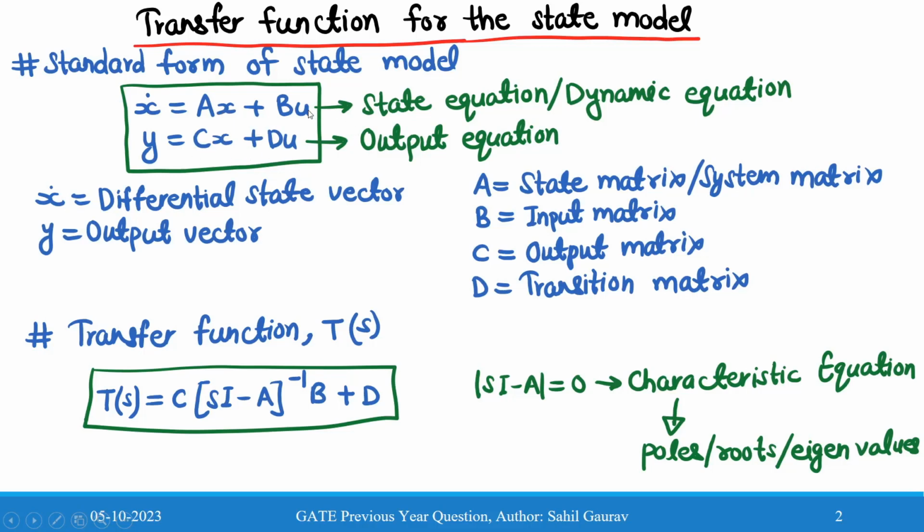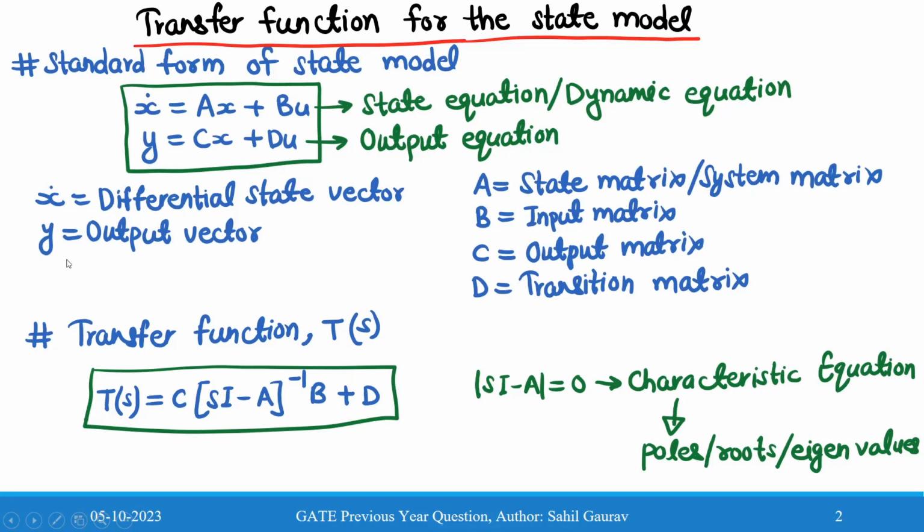The first, x dot equals Ax plus Bu, is called the state equation or dynamic equation, where x dot is the differential state vector, y is the output vector, A is called the state matrix or system matrix, B is called the input matrix, C is called the output matrix, and D is called the transition matrix.